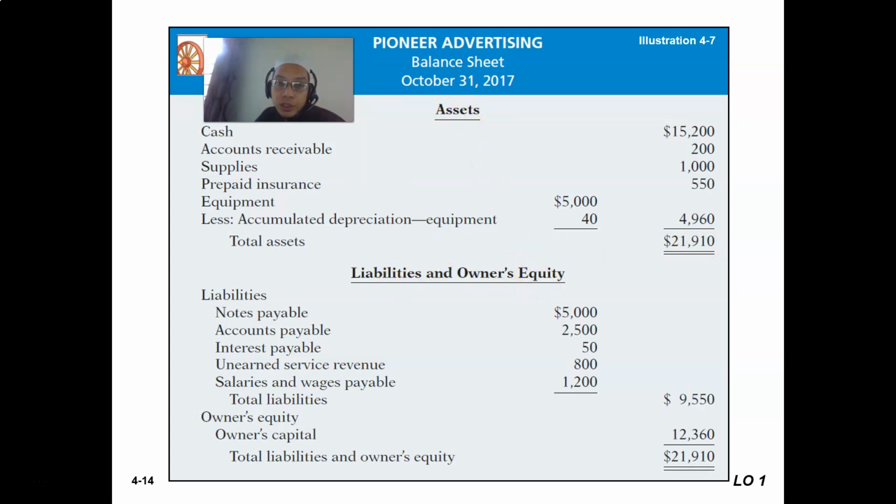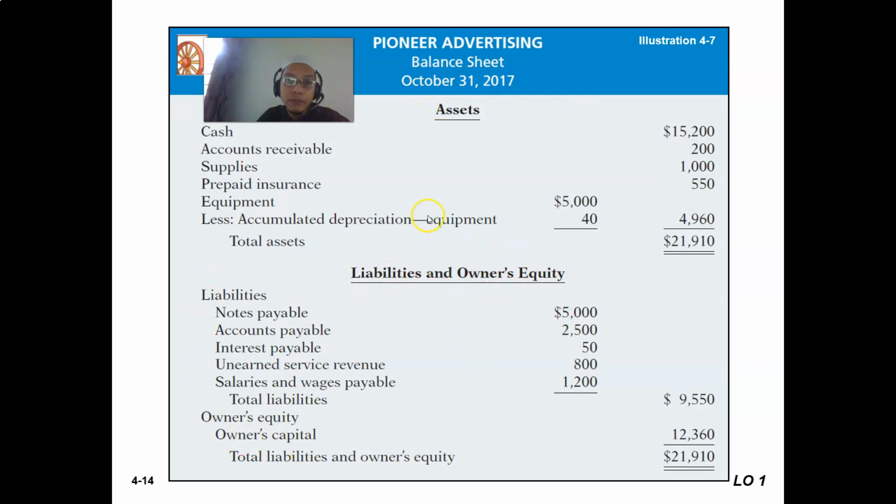And then the other side of our balance sheet will be the liabilities and the owner's equity. If you see, this is similar to our accounting equation in our first lecture: asset equals liability plus owner's equity. So we have the assets on the top side of the balance sheet, and we have liabilities and owner's equity on the bottom side.